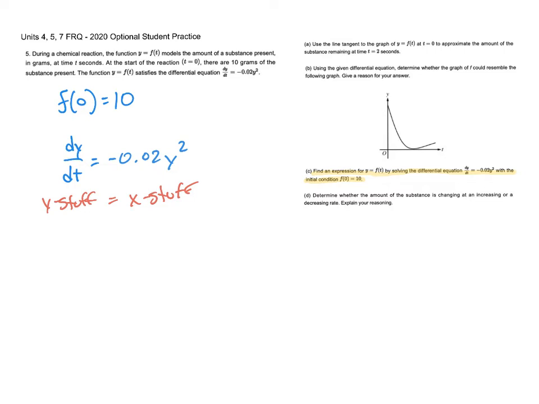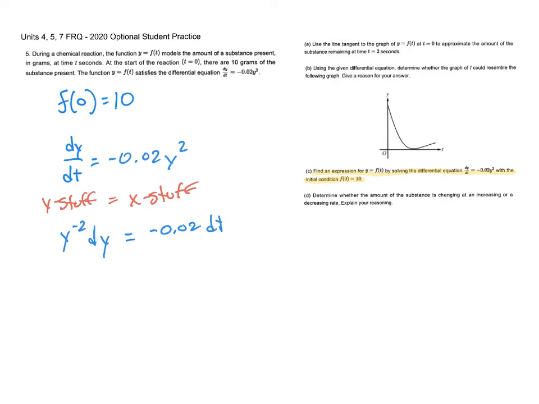So I'm going to divide by y squared, so that's y to the negative 2. I'm going to multiply dt over to the other side. So this is y to the negative 2 dy equals negative 0.02 dt.